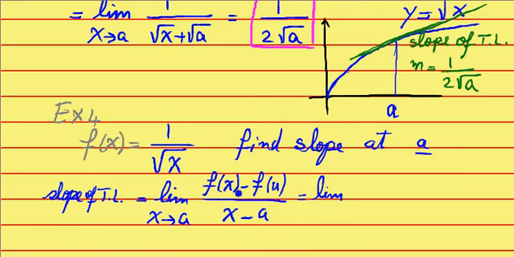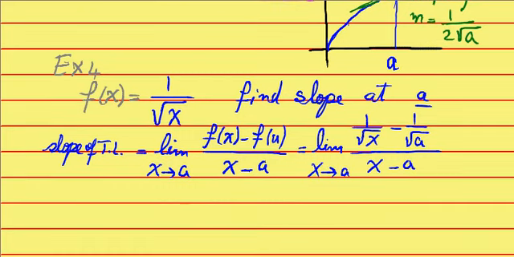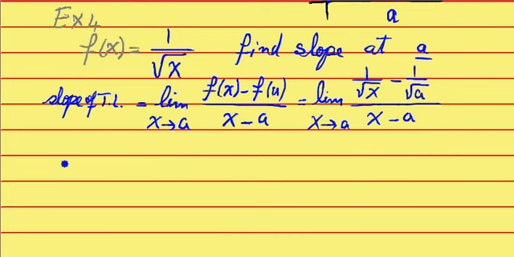We replace f of x with 1 over radical x, f of a with 1 over radical a, over x minus a. I cannot emphasize enough that you have to do this yourself. So stop listening to me and come back just to check.